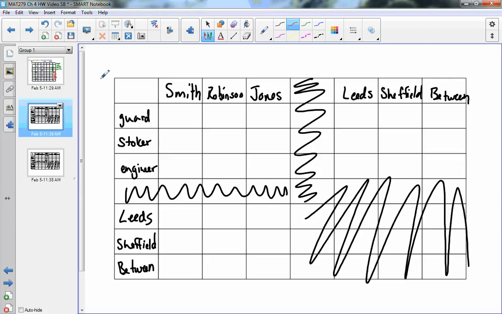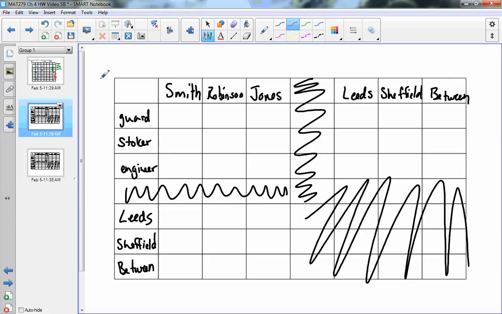So this talked about the 3 businessmen, Smith, Robinson, and Jones, where they live, and 3 railwaymen with the same or similar names. Essentially, we have to make one of 2 assumptions. Either the engineers and the businessmen have the same names and live in the same locations, or they don't.